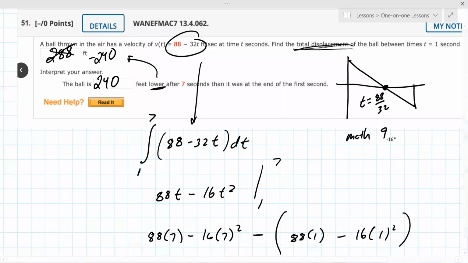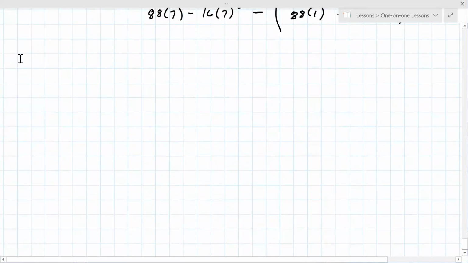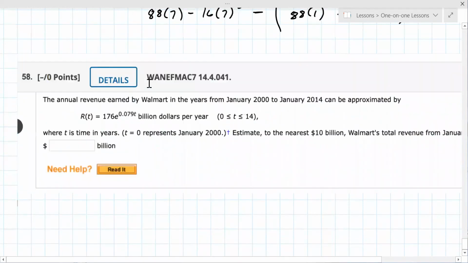All right, let me see what else we can do here. This one we can do real quick because it's just a calculator question. 58 is what I'm snipping in. The annual revenue earned by Walmart is given by this function here. They want to know the total revenue.